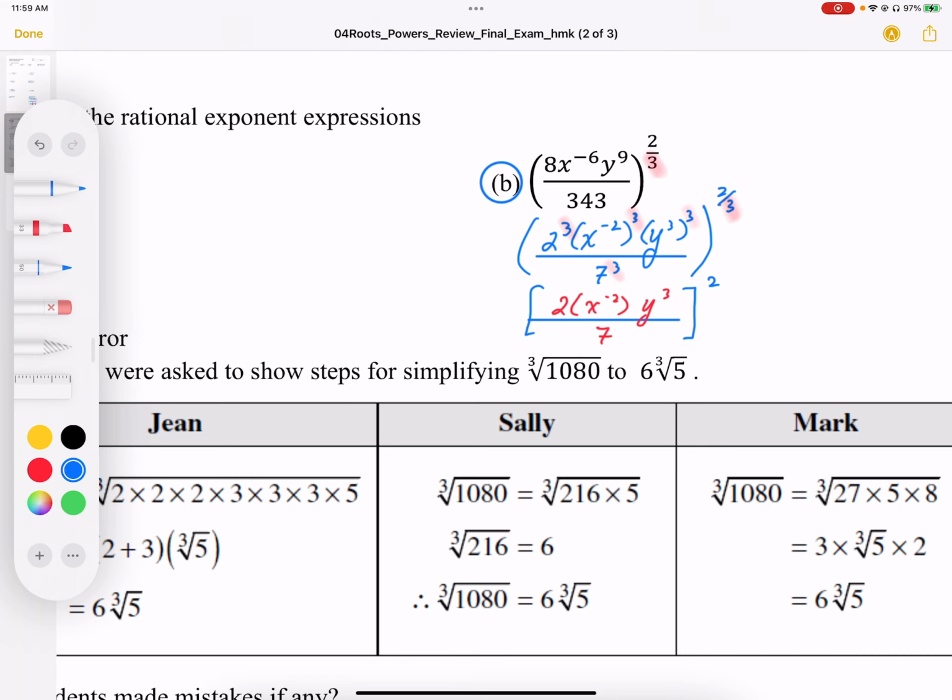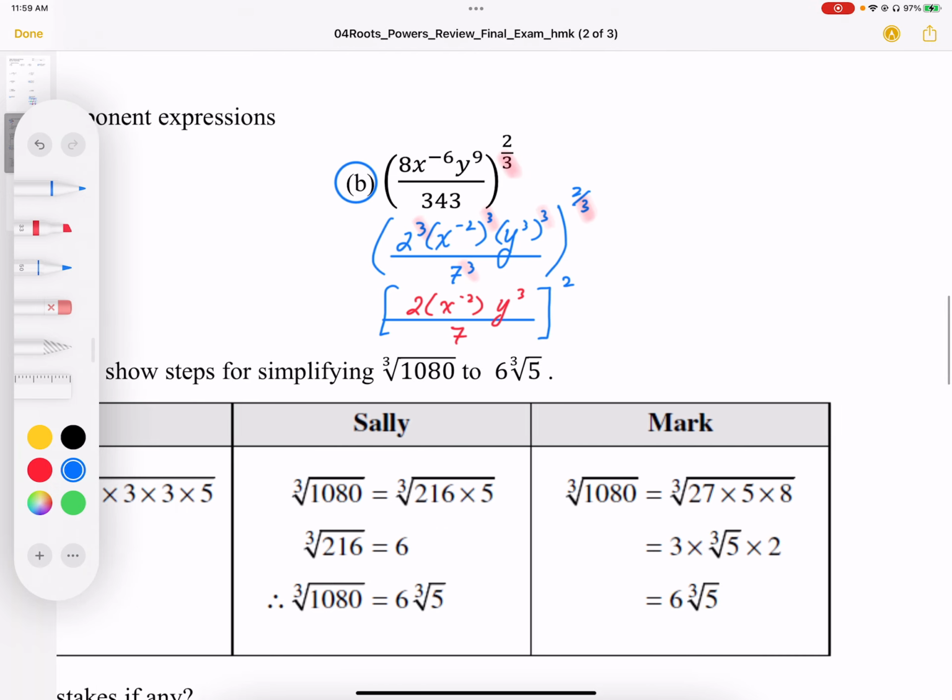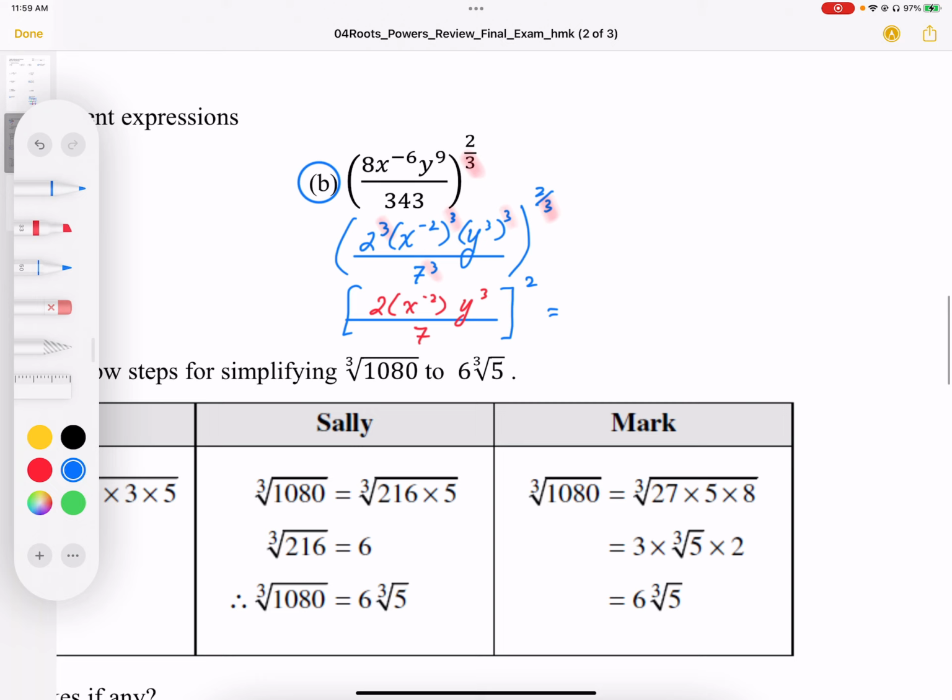So we've undone the cube root, we're just left with the square, and undoing this square we can end up with 4. This x goes in the denominator, so it becomes x to the power of 4. We have a 7 in the denominator, and the y cubed becomes y to the power 6.